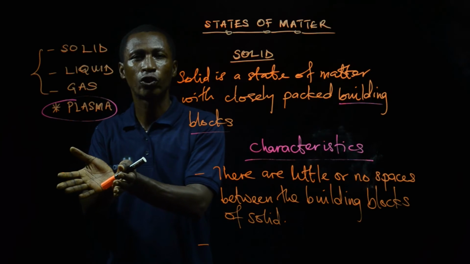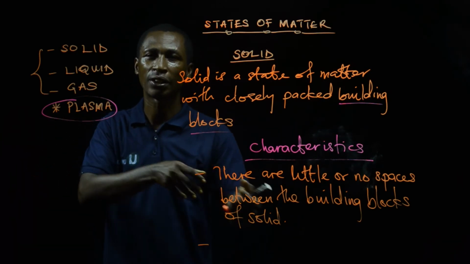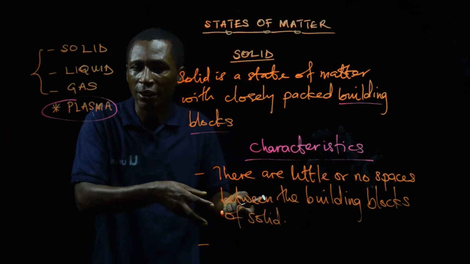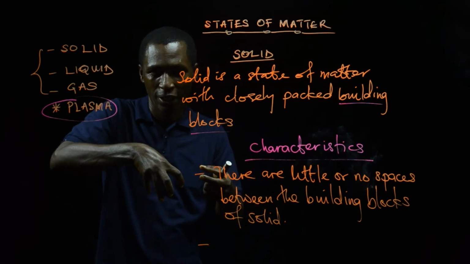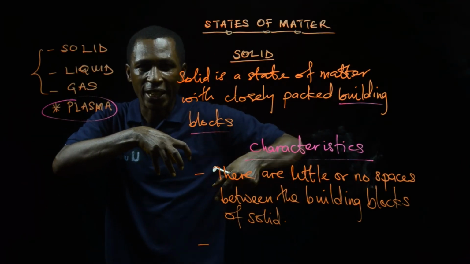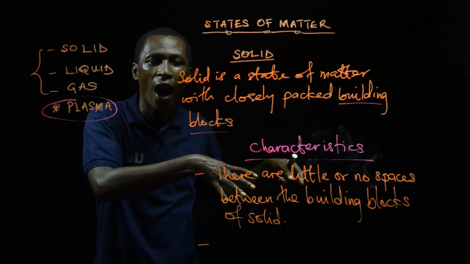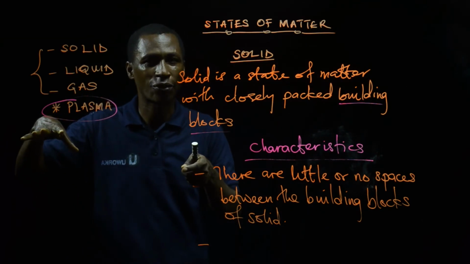Then I send it to the burner, put it on it, then light. Now when I light, there is fire coming from the environment. That is the environment of the water. The environment contains the heat, and the heat will move from a point where the temperature is very high to the point where the temperature is very low. That is the transfer of heat.